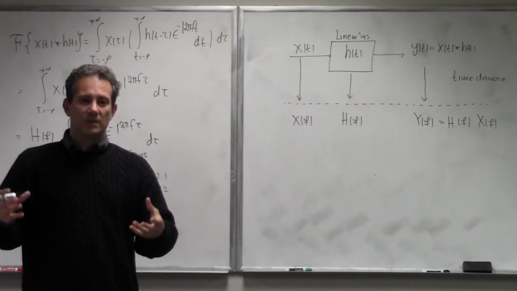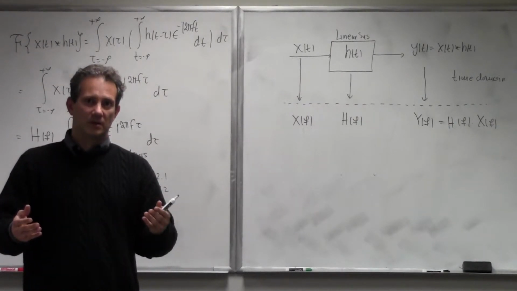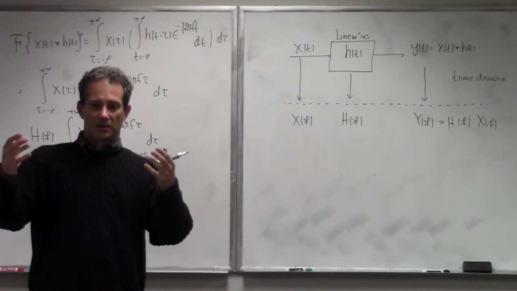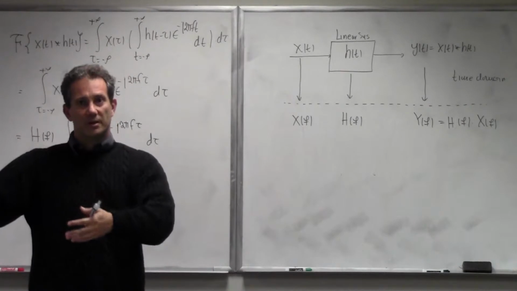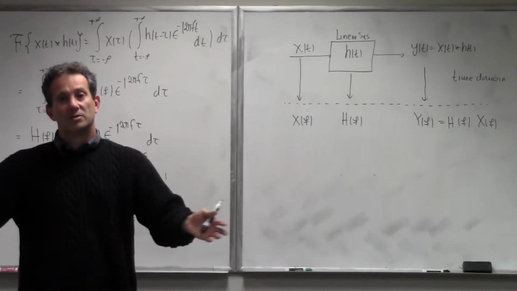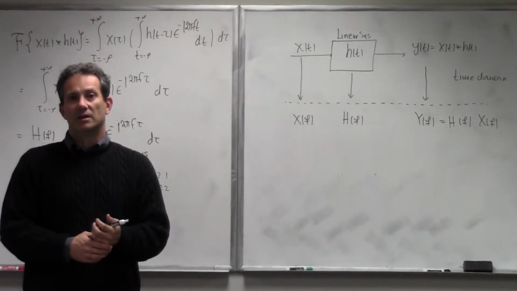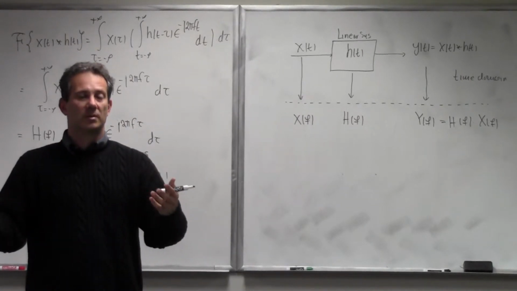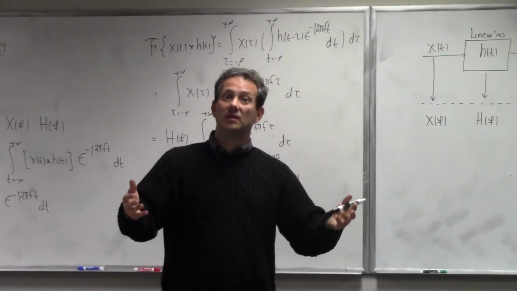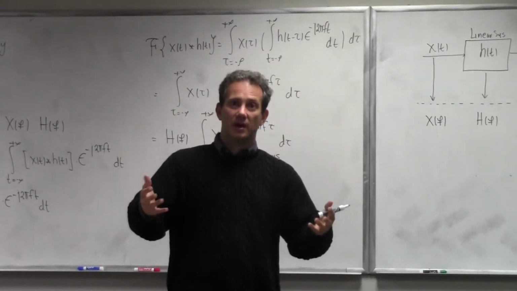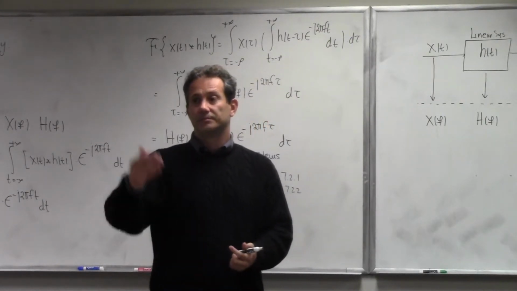And the most frequently used measure of how linear a particular device is, is the ratio of the power of those sinusoids divided by the power of all these parasitic components that result from the system not being linear. And in good linear power amplifiers, for example, this can be 30, 40, 50 dB, right? So much, much larger, right? So that means that for all practical purposes, the system is linear.